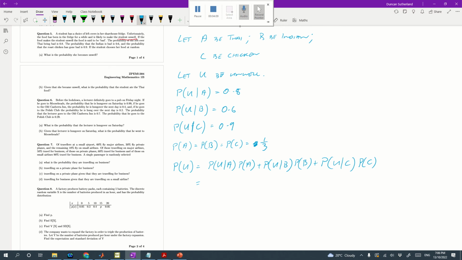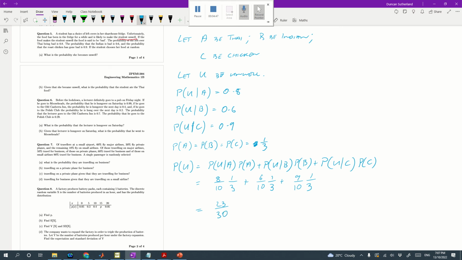So that's 8/10 times 1/3 plus 6/10 times 1/3 plus 9/10 times 1/3. So that's 8 and 6 is 14, 23/30. Right, that the student becomes unwell.